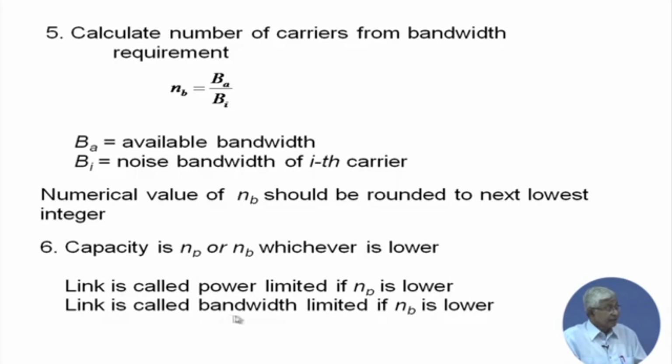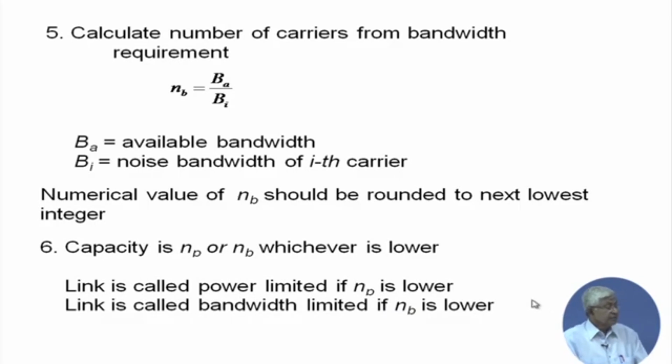So, it is a bandwidth limited case or power limited case, and you have to take whichever is lower. Some people try to balance it, because transponders are sold or rented in terms of total power and total bandwidth, both power and bandwidth taken by the user. Therefore, people try to balance it so that maximum advantage can be taken.